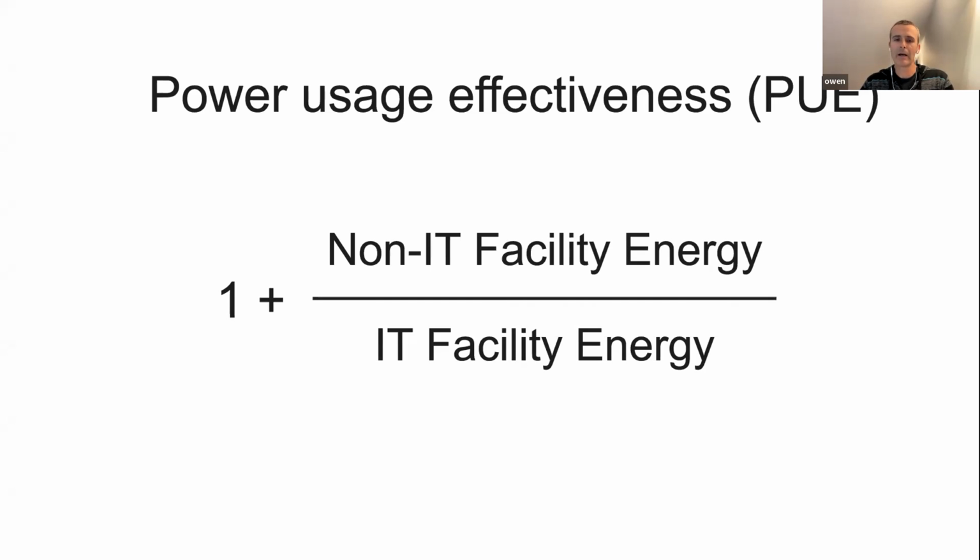So that might be cooling or air conditioning systems. It might be lights, etc. And a number of data centers will publish their PUE, and in general, the lower the better. So if you are evaluating a data center, that's something to consider.